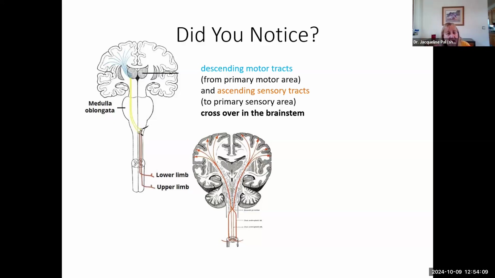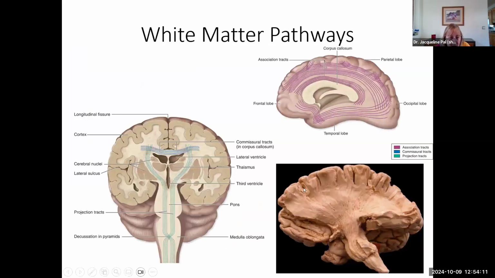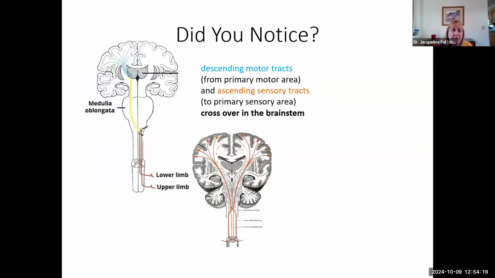Did you happen to notice 2 slides ago this X? Probably not, but you should have. What this showed was these descending motor tracts coming from the primary motor area.